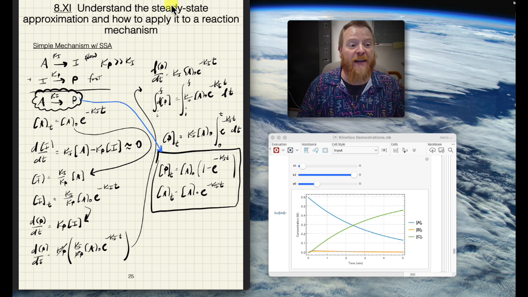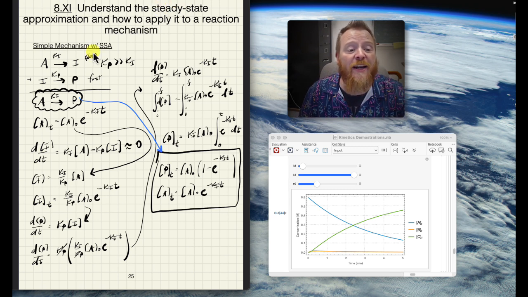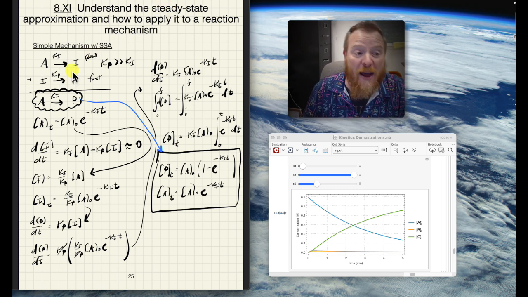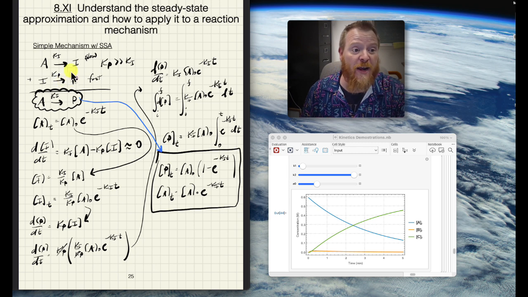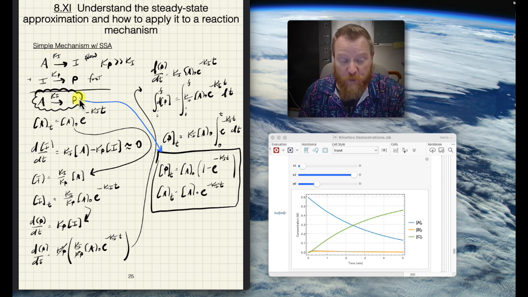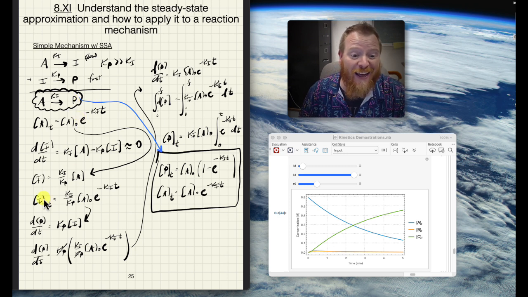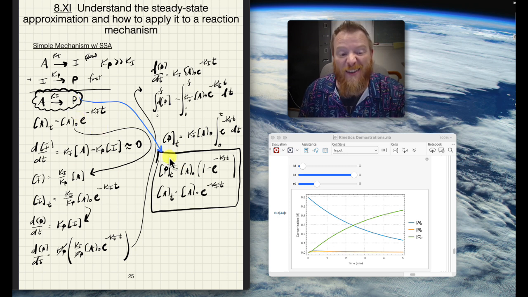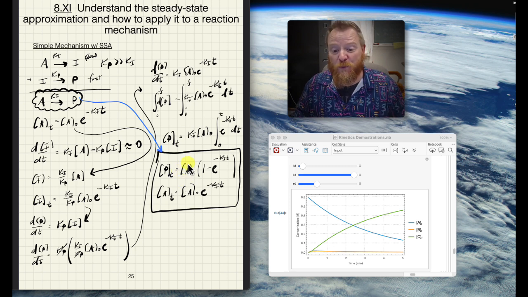And I'll repeat that again. If we had ignored this entire mechanism, and just recognized that the rate determining step is A times k_i forms products, and we analyzed dA/dt and dP/dt without doing any of the stuff with the intermediate, this is the exact expression we would have come up with, which is pretty awesome.